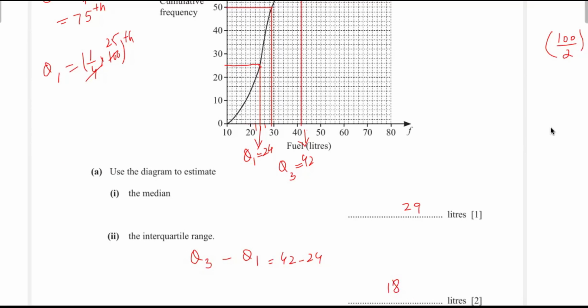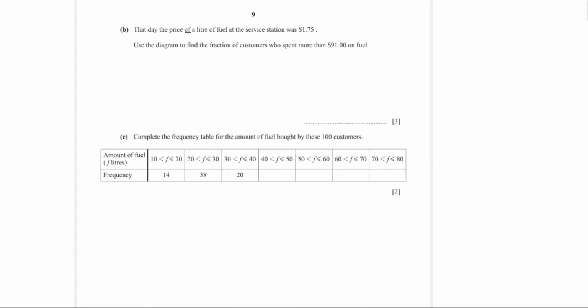This is the answer. Part B, that day the price of 1 liter of fuel at the petrol station was $1.75. Use the diagram to find the fraction of customers who spend more than $91 on fuel. Firstly, we find the number of liters against $91. You see here, for $1.75, we can purchase 1 liter of petrol.